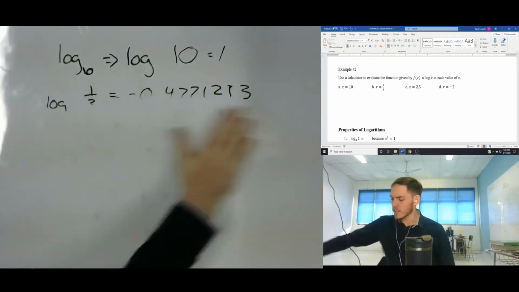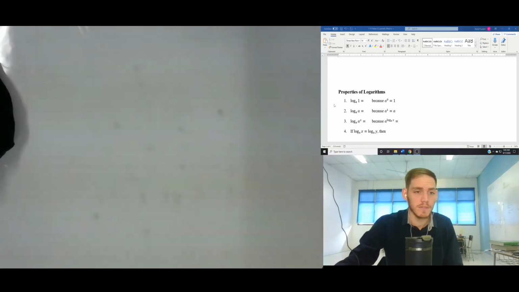You have to take logarithms of positive numbers, or else you won't have a logarithm. Let's zoom in on this, and then we'll see where we are after we go through the properties. I'm hoping we get through the graph, but we'll see.